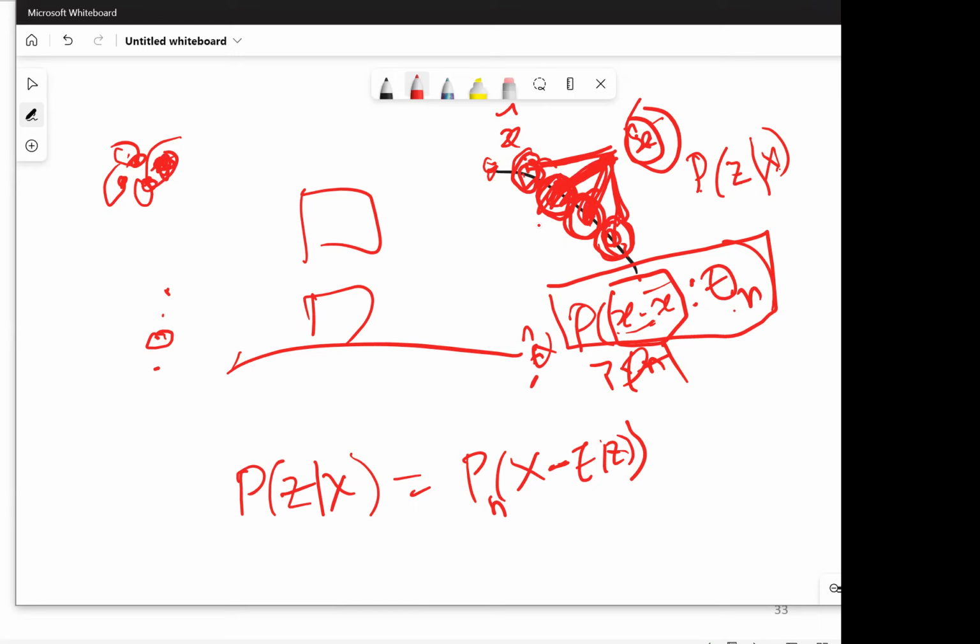So the weight for this X hat, which is the same as the weight for this Z, is the probability of this noise. Both the X hat and the noise must match to get X, so the probabilities are the same. So the second probability is also conditioned on the assumption of the noise distribution.